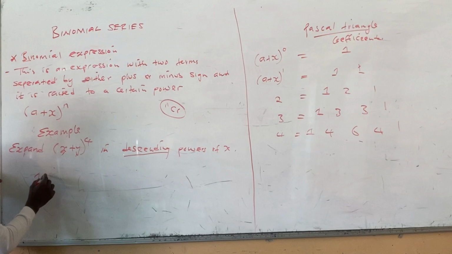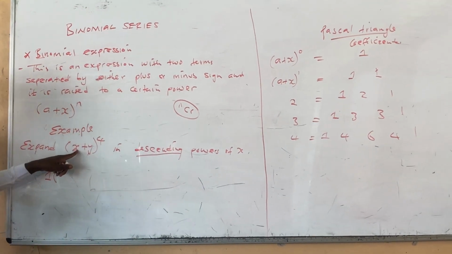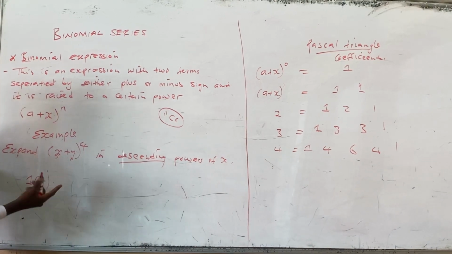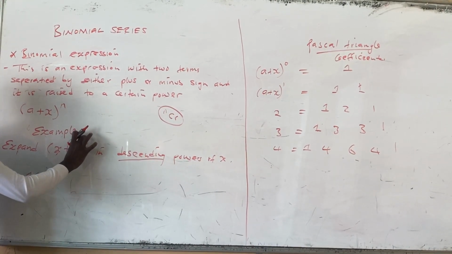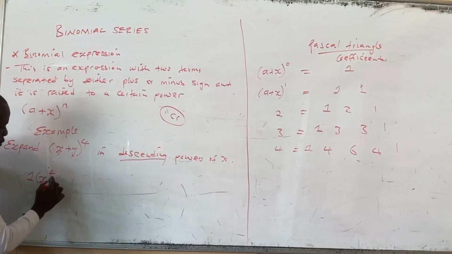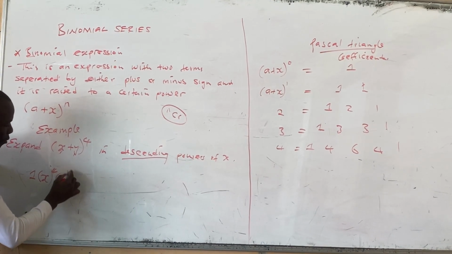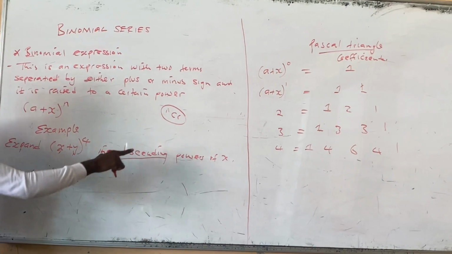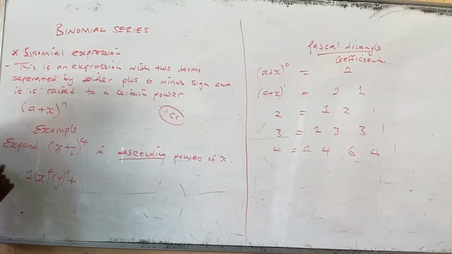Then I'll come to x. Since we want x to be decreasing, it is the one which will have the highest power, in this case 4. So you put 4 here, then y will have 0.